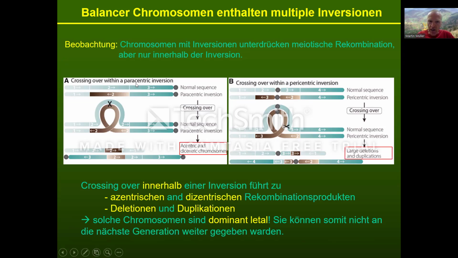And I mentioned that there are the paracentric inversions and the pericentric inversions, but independent of the type of inversion, the resulting recombination products upon recombination within the inversion lead to chromosomes which are not viable, because either they have no centromeres or they have two centromeres, or in the situation over here, you have again large duplications and large deletions, and these are dominant lethal.